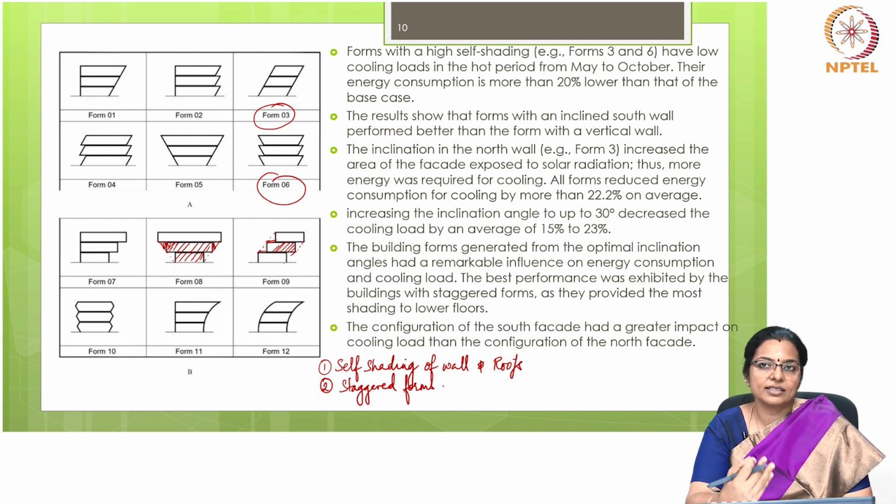So, heat gain is lowered. Which are the climate types where heat gain must be lowered? Those are primarily hot, dry and warm, humid. In both these climate types, it is better to go for forms like these.